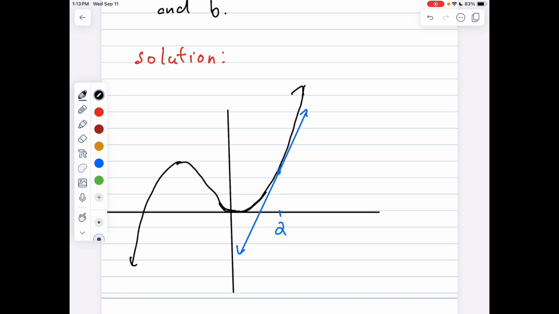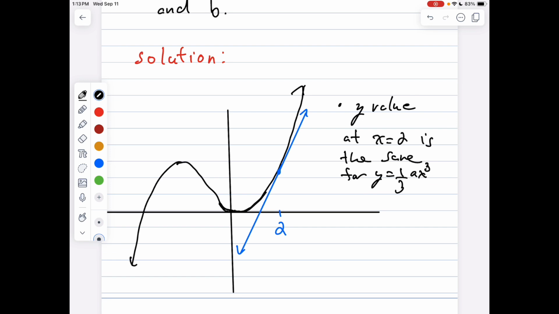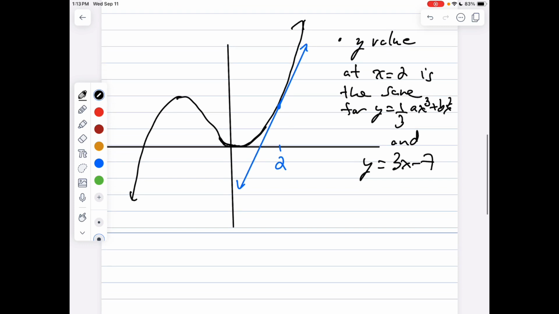Notice that the y value at x equals 2 is the same for y equals 1/3 ax cubed plus bx squared and y equals 3x minus 7. When you have a line that's tangent to a graph, the line touches the point and they share the same y value here, okay?